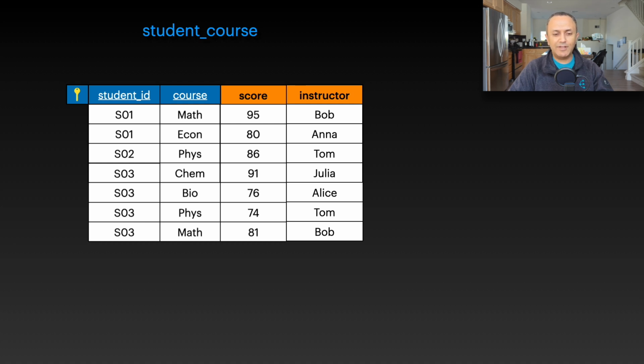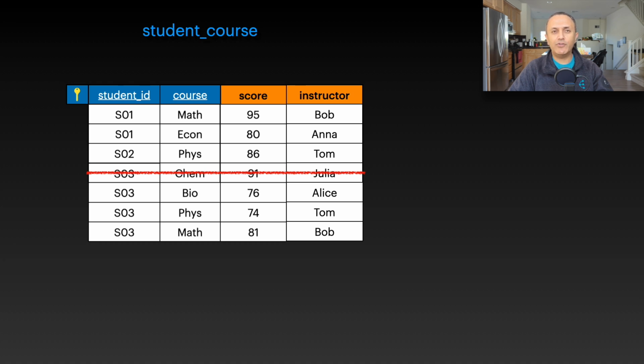Why is that? Let's see. Suppose that student 03 decides to drop the chemistry course. They don't want to be enrolled in that course anymore. How do we represent that in the data? We would just delete that row, the row that has student 03 and chemistry. The problem with that is that now we don't know who teaches the chemistry course, because we also deleted the instructor information.